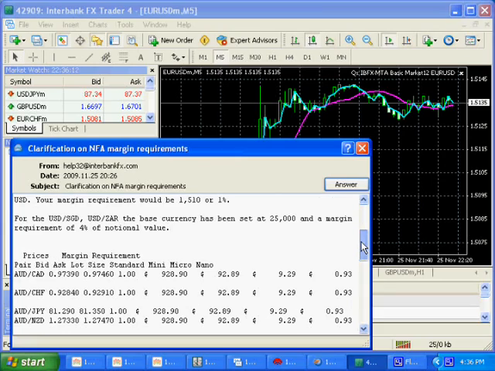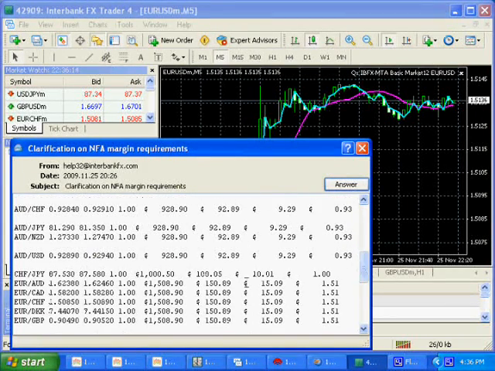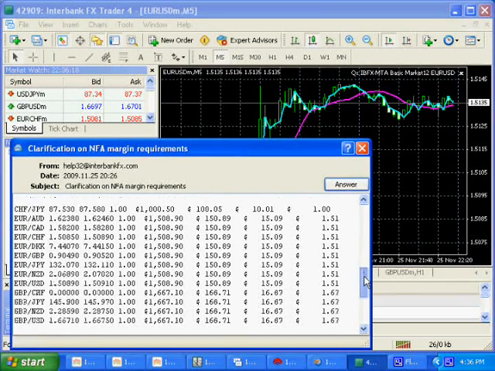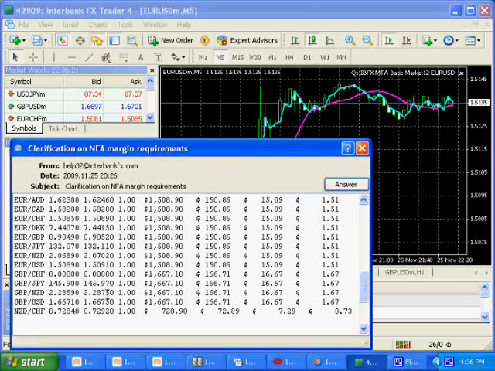It's no longer a flat $1,000 on all pairs for a standard lot. It varies with these popular pairs, these most liquid pairs, meaning the Euro USD and the Pound USD, jumping by 50%. That's a substantial margin difference.